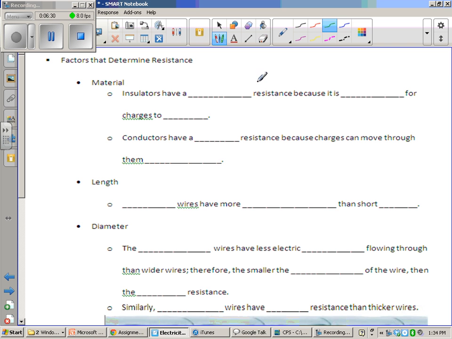Insulators have a high resistance because it is difficult for the charges to move. And conductors have a low resistance because charges can move through them easily.